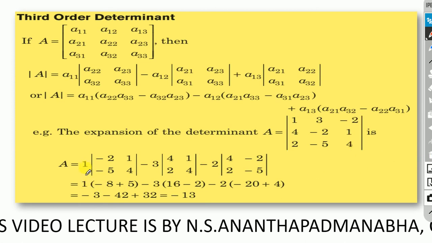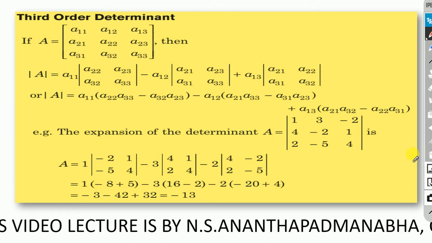Now the rest is easy. I have 1 into minus 2 into 4 is minus 8, minus 5 into 1 is plus 5 here, because it is A22 A33 minus A32 A23.